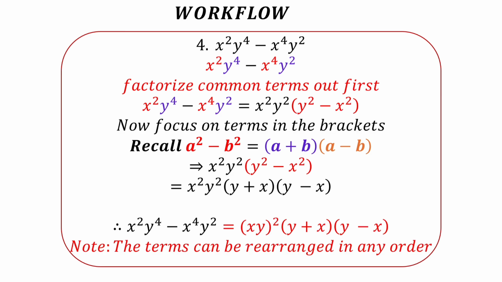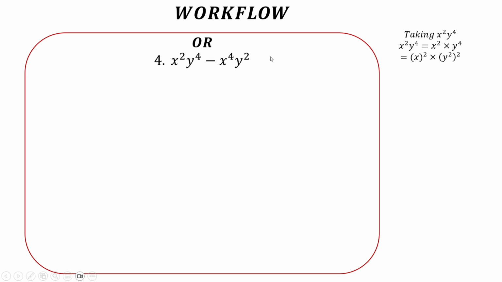Okay, but if you want to use difference of two squares from the start, then you take each term. This is x squared y to the fourth power. You can rewrite them as that. Then you rewrite the y to the fourth power as y squared to the second power. So x squared y to the fourth power can now be written as this.